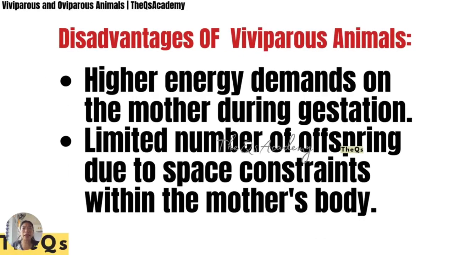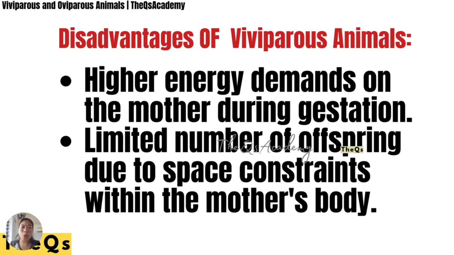Of course, because it is produced inside the mother's body. So we also have disadvantages. There are higher energy demands on the mother during gestation. Of course, you need to be healthy, right? There is also a limited number of offspring due to space constraints within the mother's body.